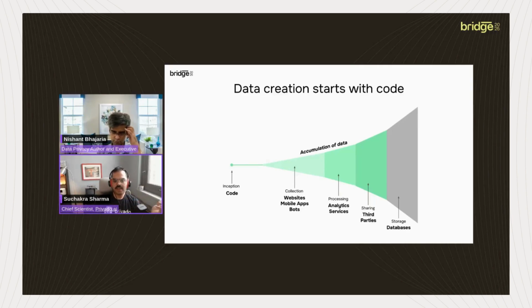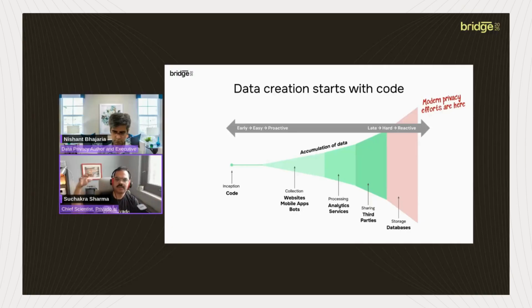The way people try to fix issues or understand where private data is going these days is happening more towards the right side, where the data has already reached databases. It's huge, and we are trying to sift through it, trying to understand exactly what is happening.